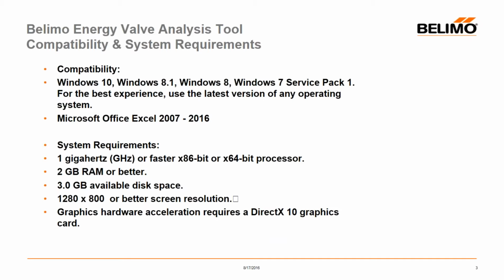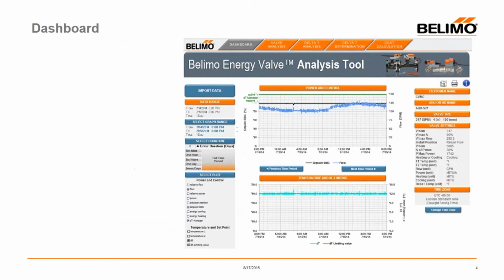We highly recommend at least a 1 gigahertz processor or faster, 2 gigabytes of RAM or better, the more the better in this case, 3 gigabytes of disk space, and at least a 1280 by 800 or better screen resolution. For graphic hardware acceleration, we do require a DirectX 10 graphics card or better. But that's available on most laptops today, so that shouldn't be of any issue.